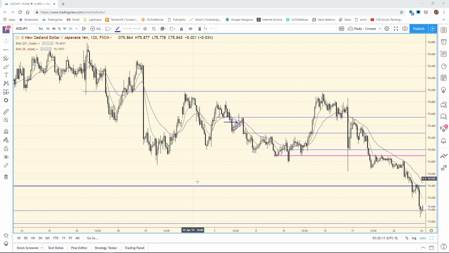And you can see resistance comes in right there at 74 cents. Actually, just a little bit above right there, 74.42.